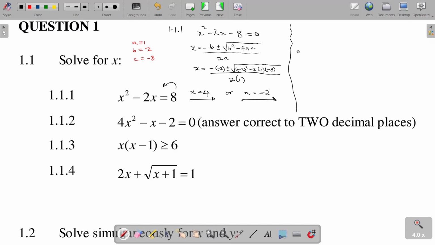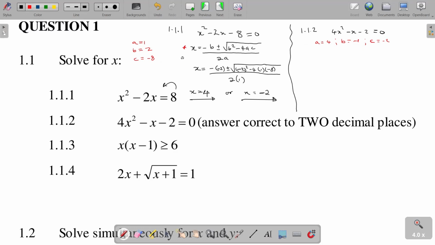There it is. That is question 1.1.2. It's saying 4x squared minus x minus 2 equal to 0. So we use the quadratic formula, and our a in this case is equal to 4. Our b is equal to -1. Then our c is equal to -2.